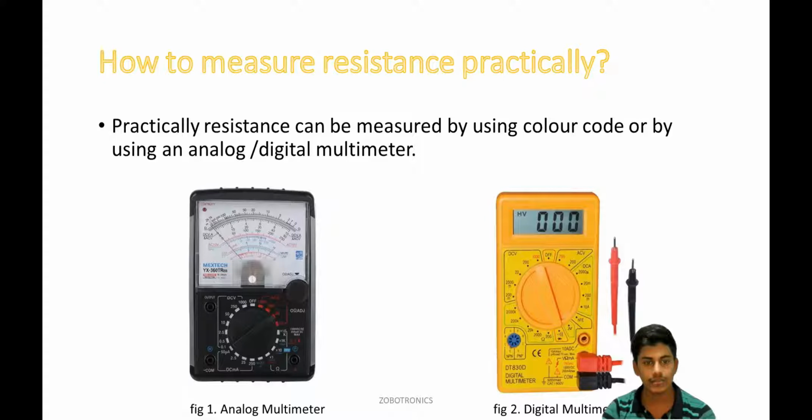Here in an analog multimeter, the range of ohms, that is of resistance, is shown as 1 ohm to 10k ohms, and in the digital multimeter it is shown from 200 ohms to 2000 kilo ohms.